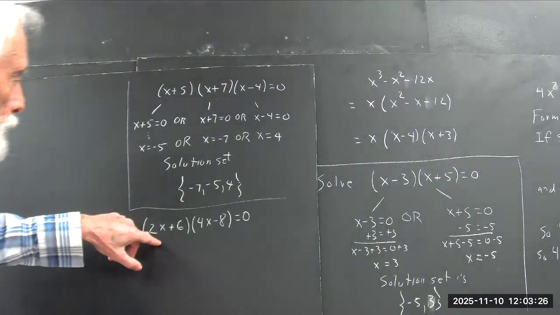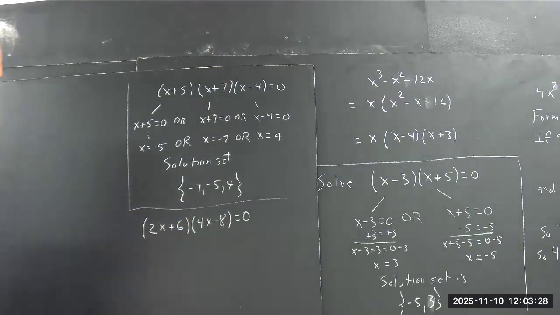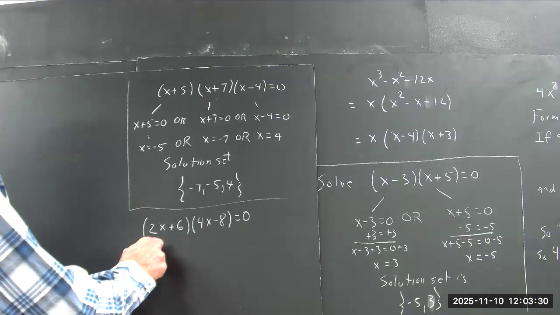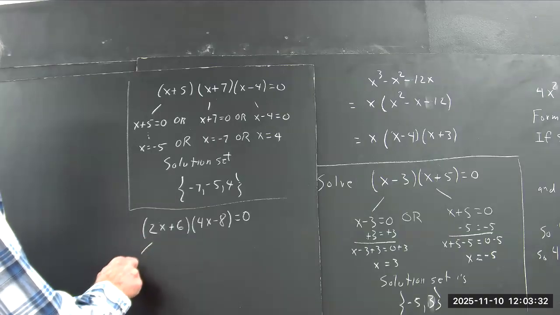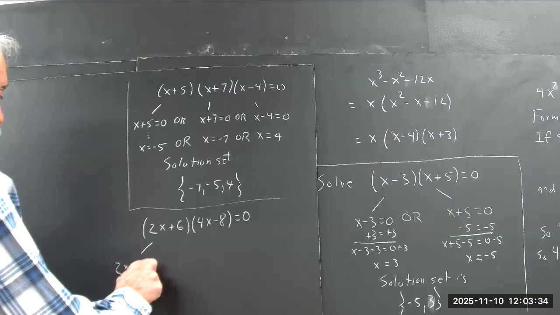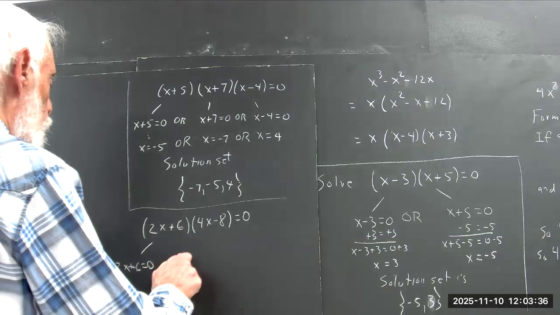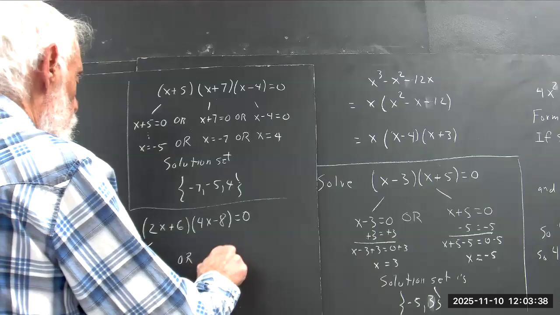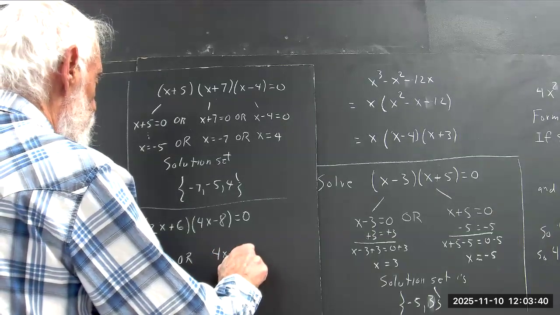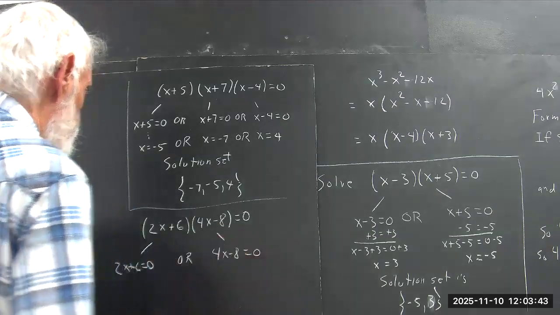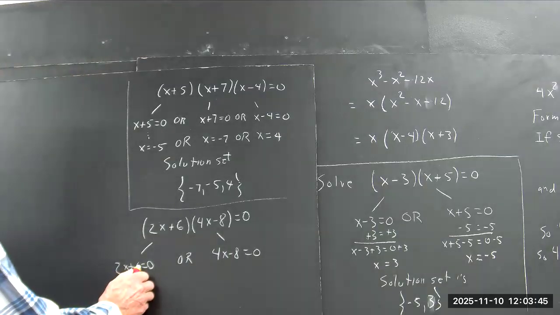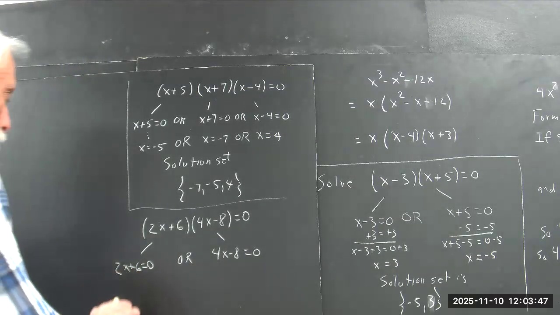Okay, so we have this equation, and everybody's done quite well with this. 2x plus 6 equals 0, or 4x minus 8 equals 0.